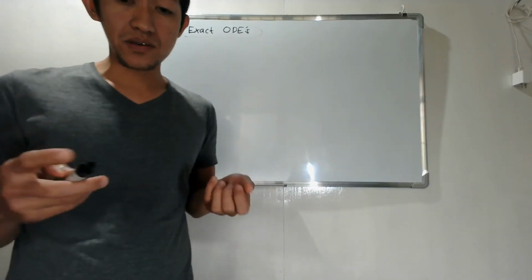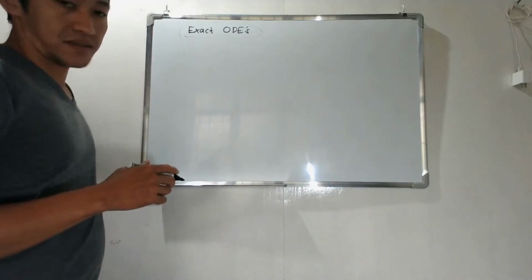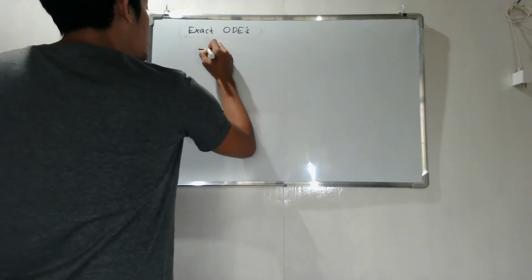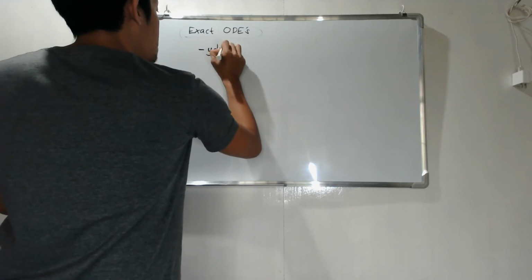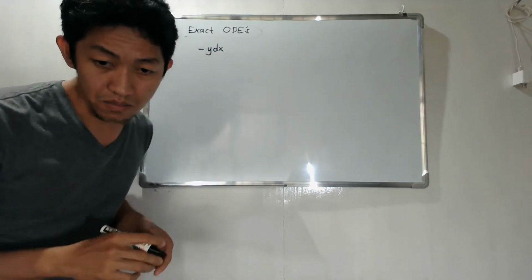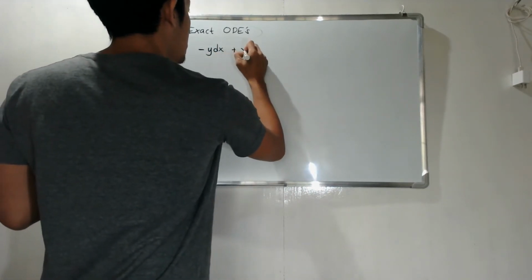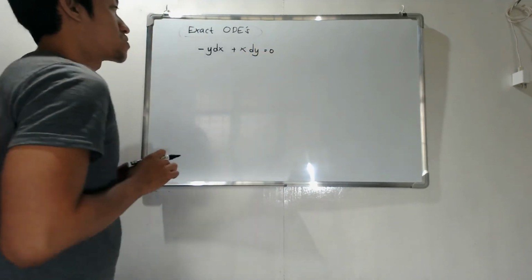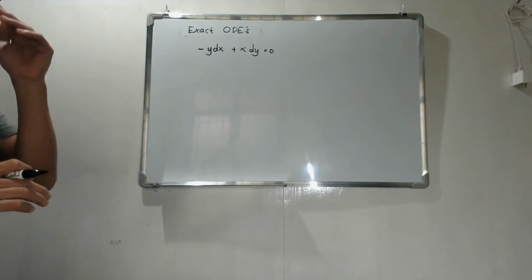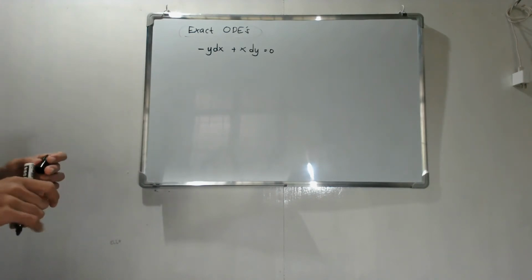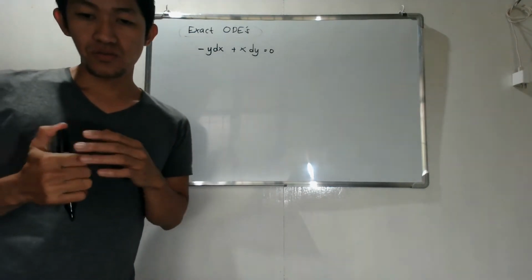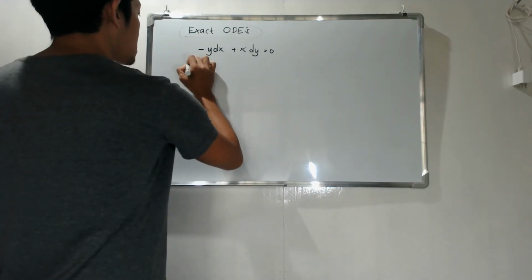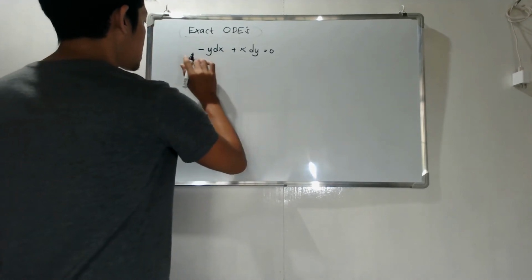Let's have another example: minus y dx plus x dy is equal to 0. Okay, so again, let's test for exactness.